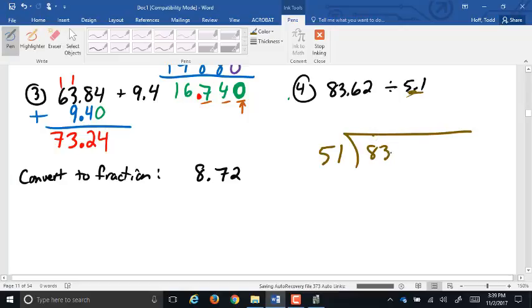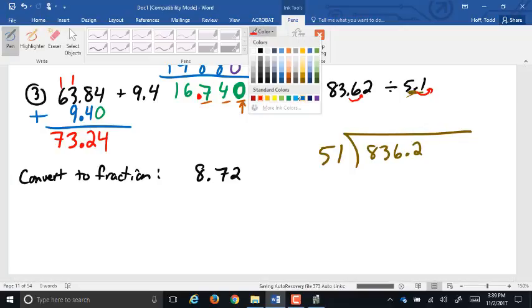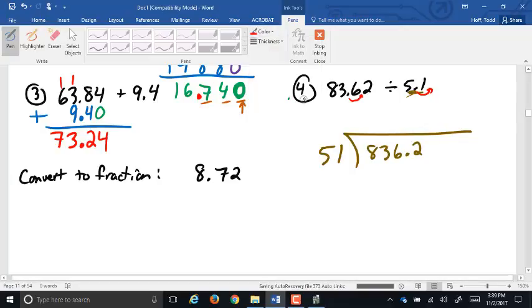Careful. 836.2. We only went one place value here. We only go one place value there. Remember, you can think of it as the fraction. We're multiplying top and bottom by 10 to move that decimal point over.